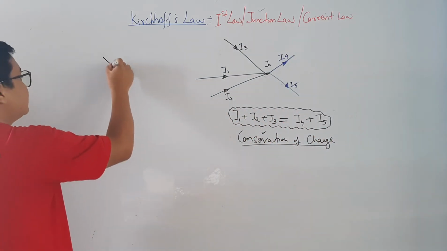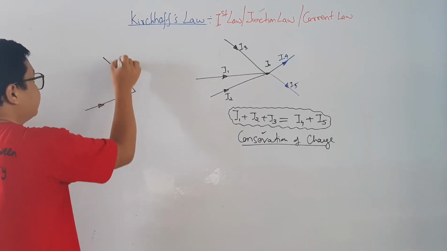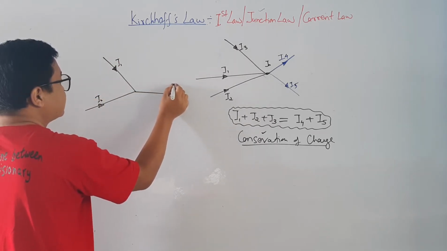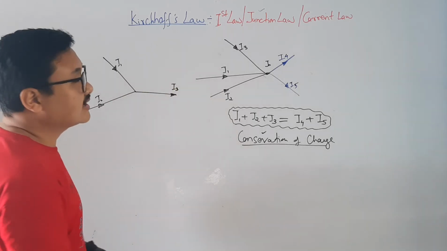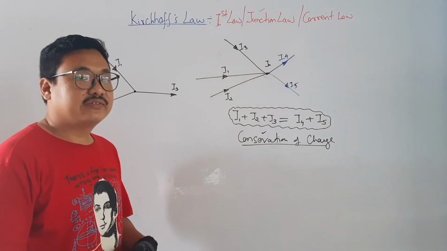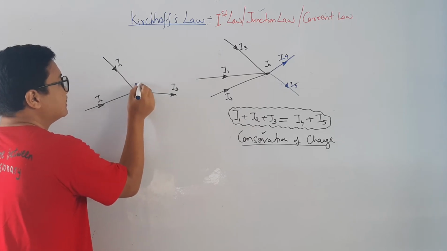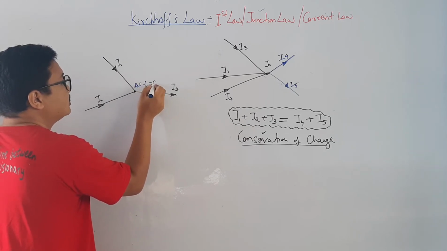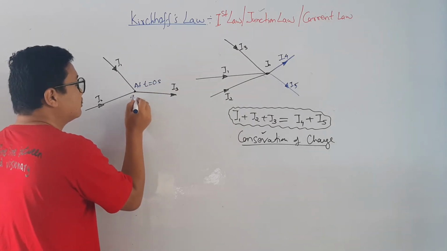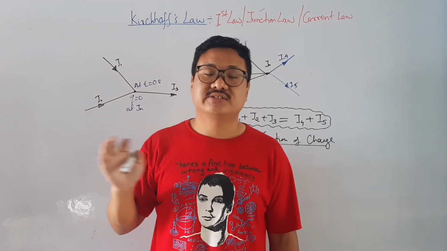Let me consider these two currents, I1 and I2, coming in this direction, and from this junction it goes out as I3. What do we mean by current? The current is the flow of electrons. For example, let us consider that at time t equal to 0 seconds, before starting anything, the charge at the junction is 0.